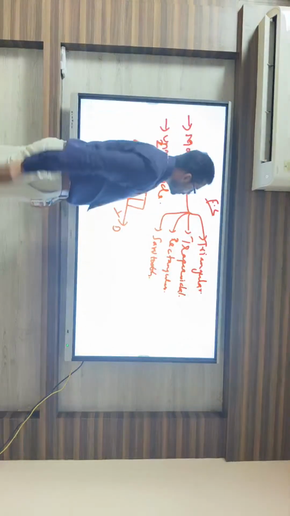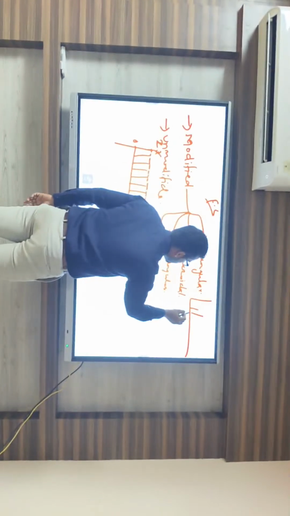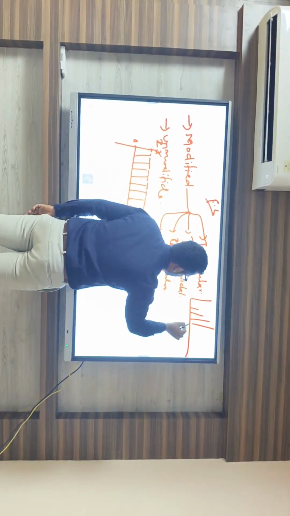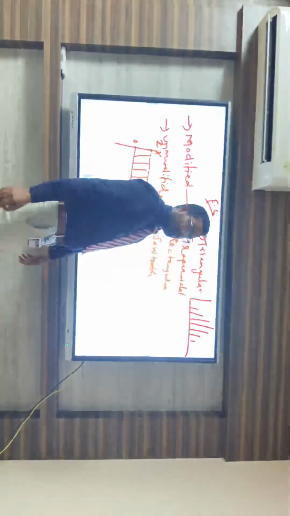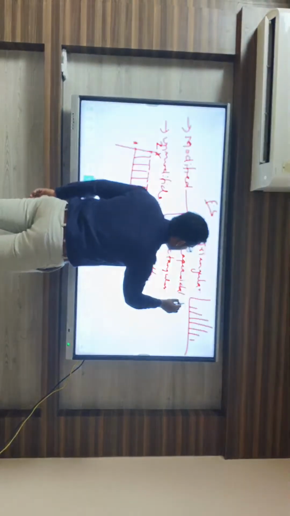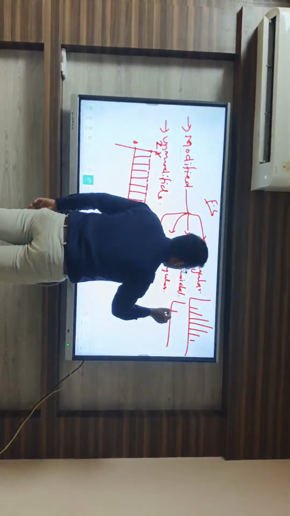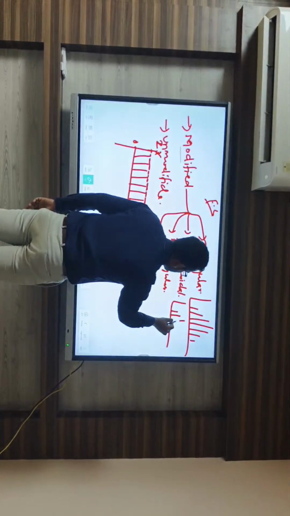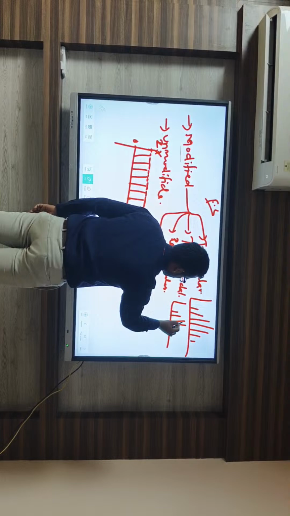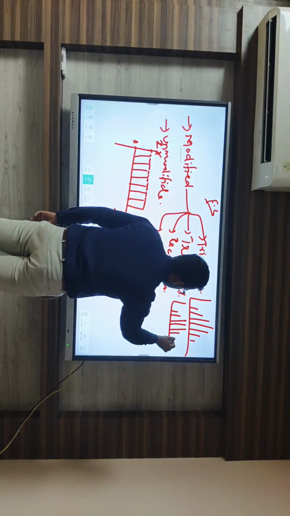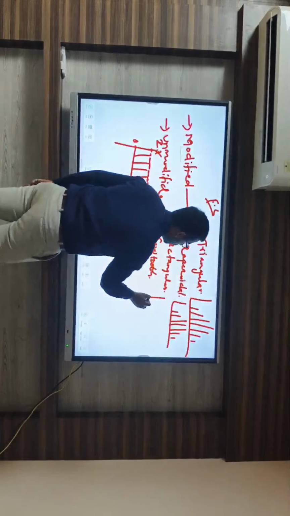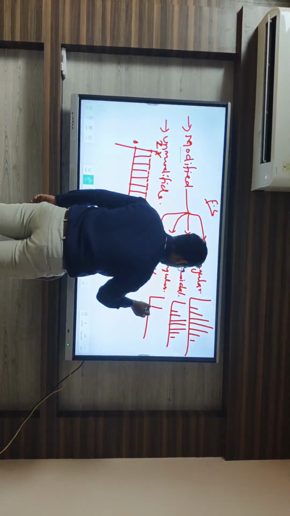Okay, so coming to the triangular waveforms. This is the triangular waveform, this is the trapezoidal waveform, and this is the rectangular waveform.